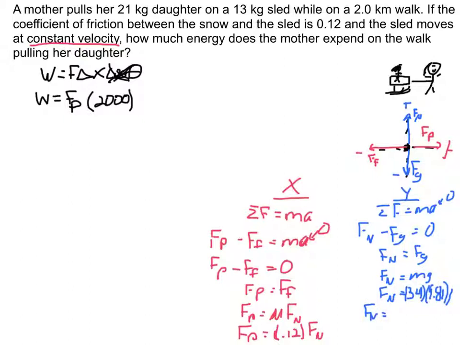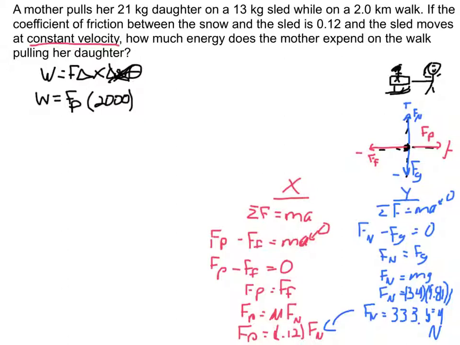So whenever I multiply the mass of 34, which comes from adding the child's mass, the daughter's, and the sled's together, times 9.81, I come out with my normal force equal to 333.54 newtons, right? And that's going to now get substituted in over here.